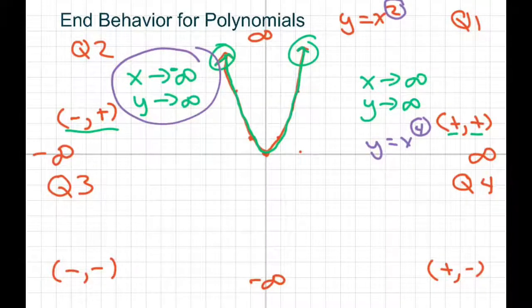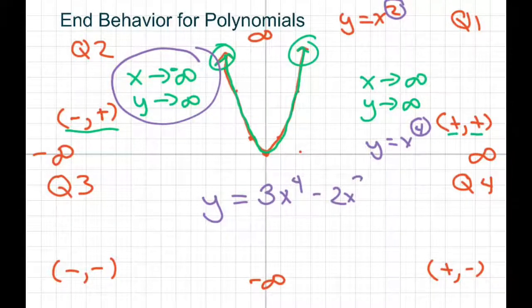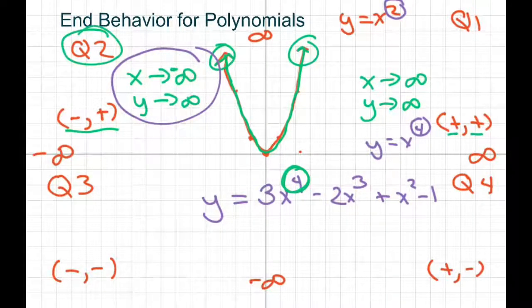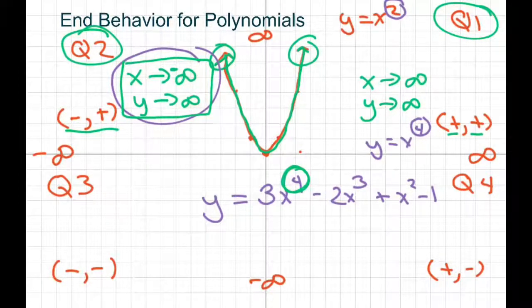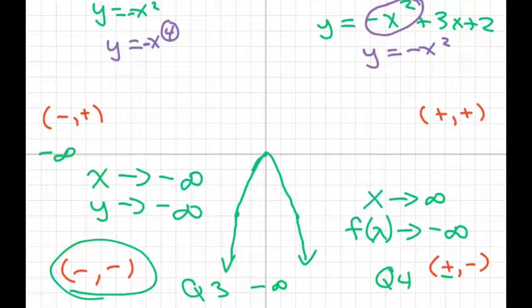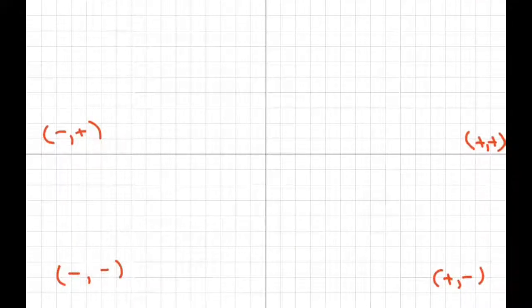So if I had something like y equals 3x to the 4th minus 2x cubed plus x squared minus 1, then all you're going to look at is your degree, and we know it's even, so that means we're starting in quadrant 2, ending in quadrant 1, so this is your end behavior here. And you're just pulling up the positive and negative parts.